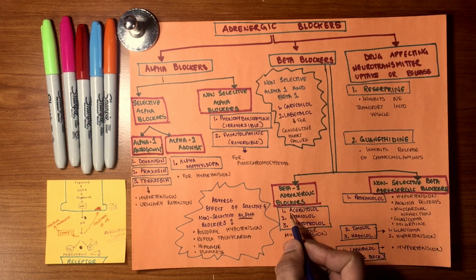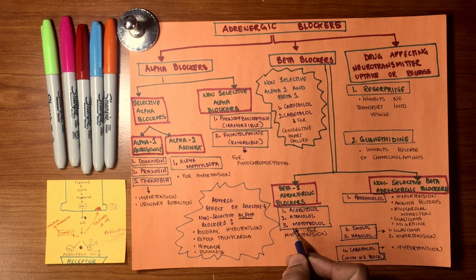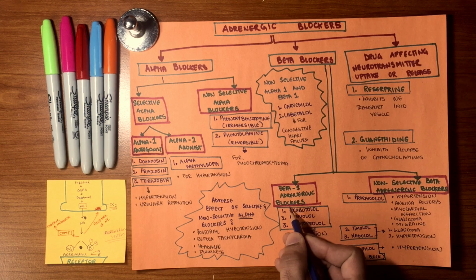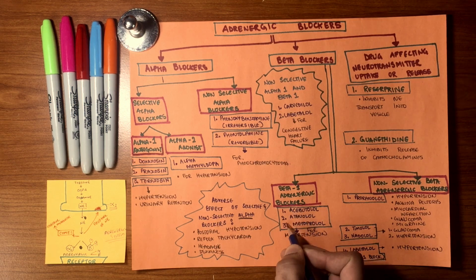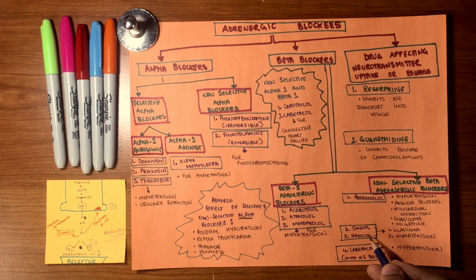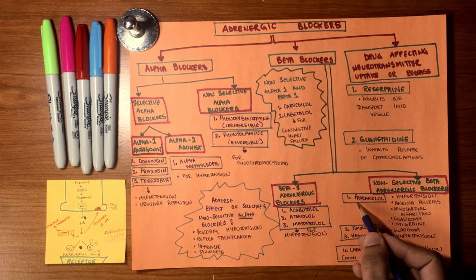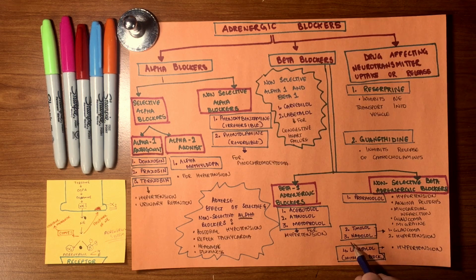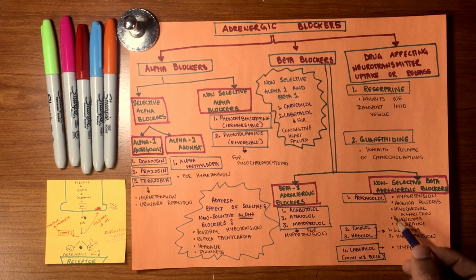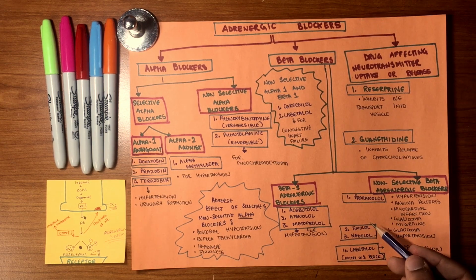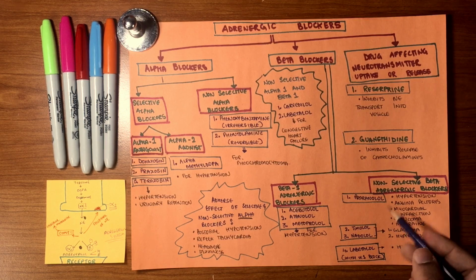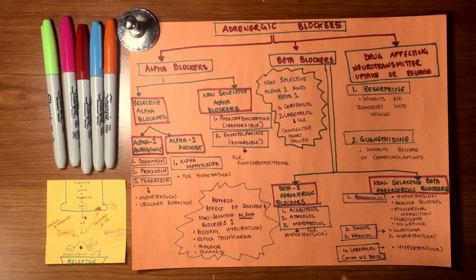Note one rule, A to M. All those olols that begin with A to M are beta-1 adrenergic blockers. All the others after M, such as propranolol, timolol, nadolol, are mainly beta-2 blockers or non-selective beta-adrenergic blockers.